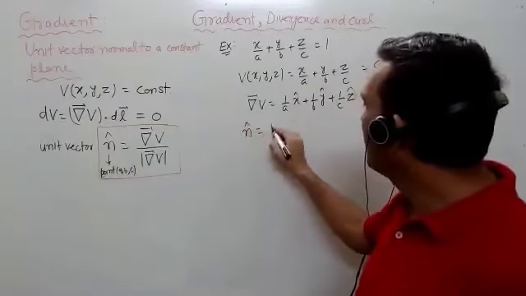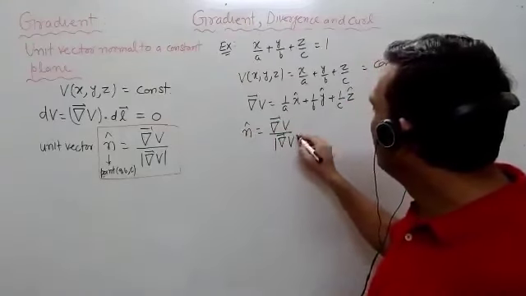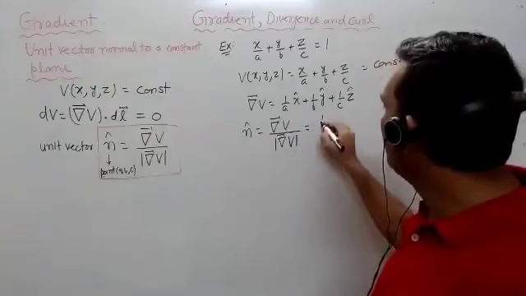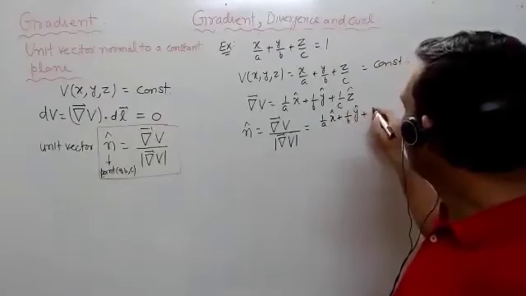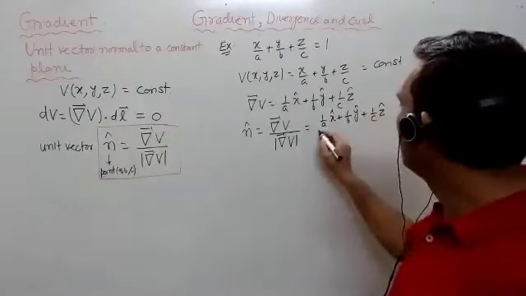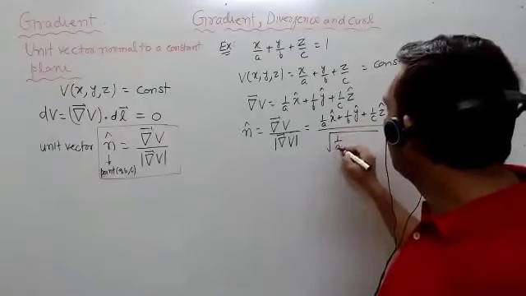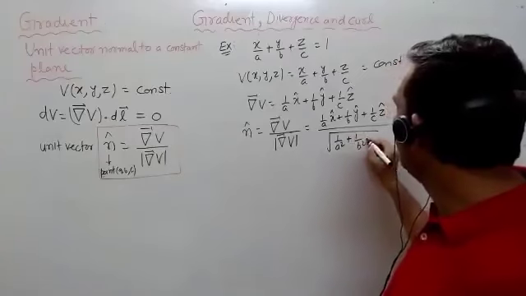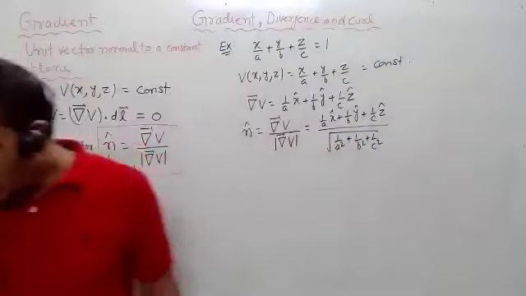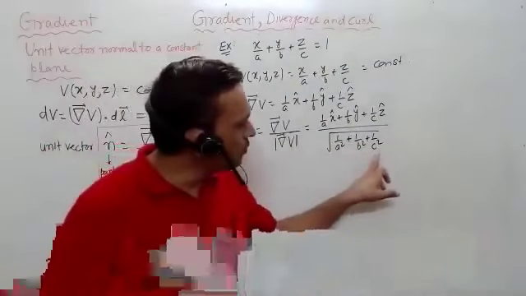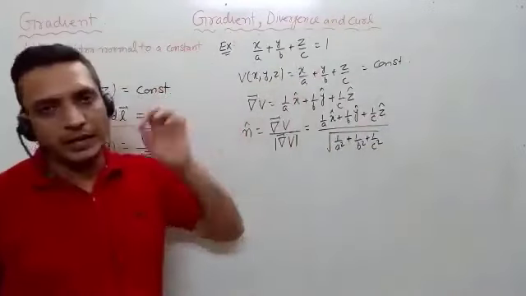So unit vector n cap will be gradient V by mod gradient V. So unit vector normal to this plane will be 1 by A x cap plus 1 by B y cap plus 1 by C z cap, divided by the square root of 1 by A square plus 1 by B square plus 1 by C square, which is mod gradient of V. So this is the unit vector normal to this plane.